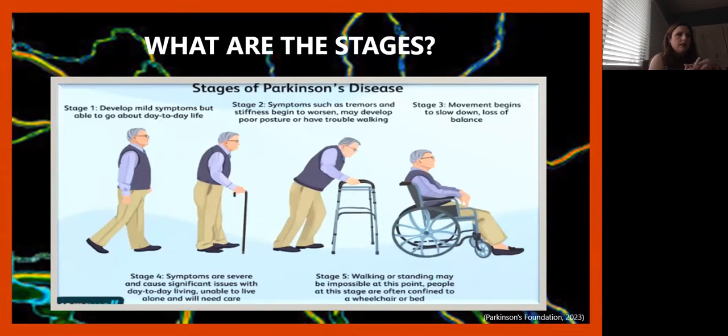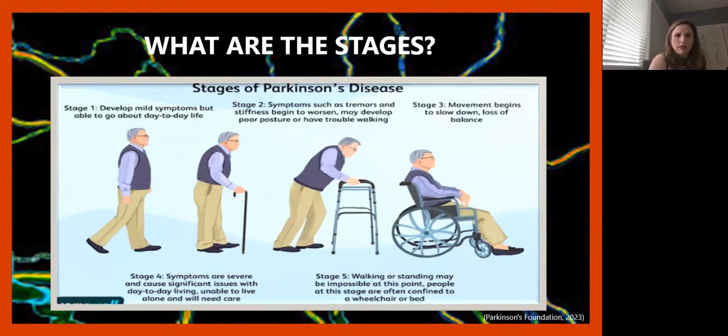In 1967, Hoehn and Yahr defined 5 stages of Parkinson's disease based on the level of clinical disability. Clinicians use it to describe how motor symptoms progress in the disease. On this scale, stages 1 and 2 represent early stage, 2 and 3 represent mid stage, and 4 and 5 represent advanced stage.